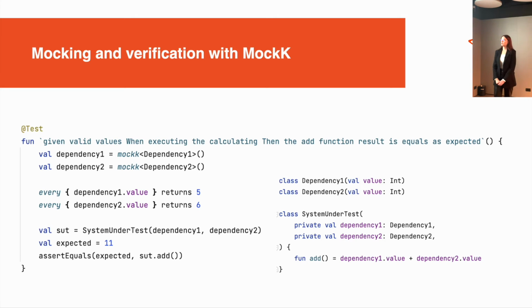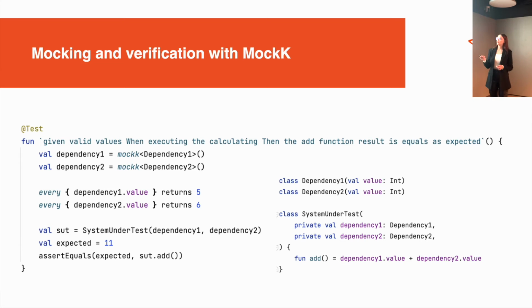So let's now see some code. We have one simple test here. We can first see the syntax: when we are writing these unit tests with MockK, it's always good to go with sentences for function names, because that way it's more readable and we can see what our test needs to do and what we need to find out in the end.